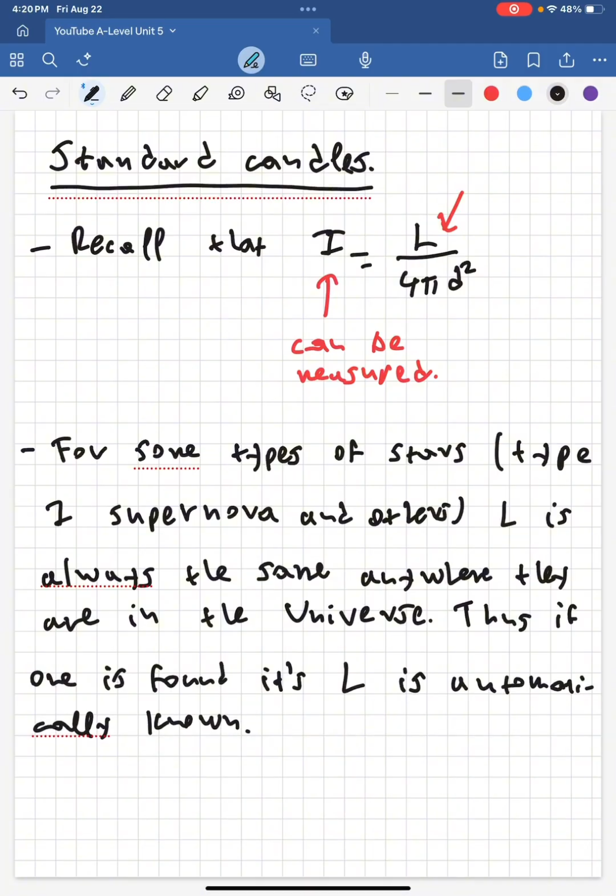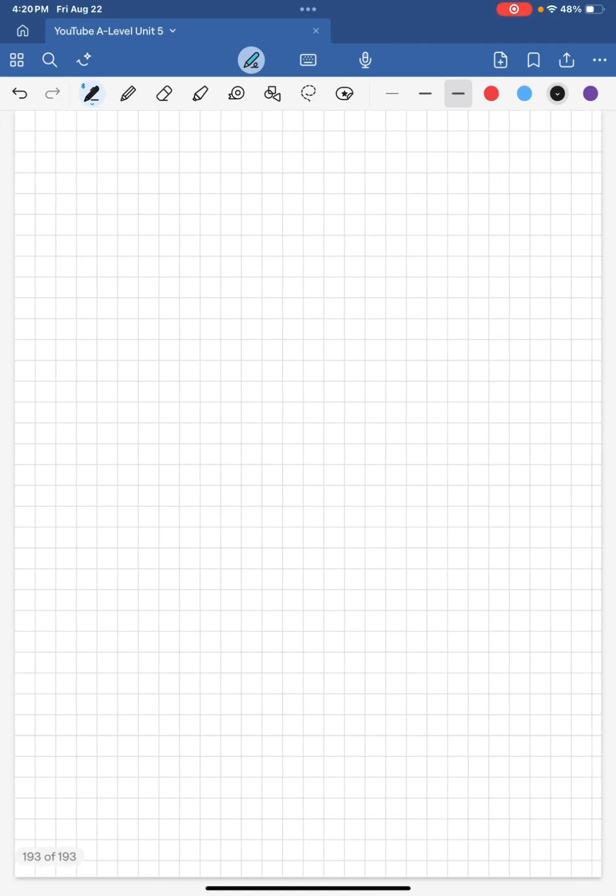So if a standard candle is observed 100,000 light years from here, for which the parallax method cannot really be used, then you can find the distance using this formula over here. I hope this makes sense. So actually, let me write it down.